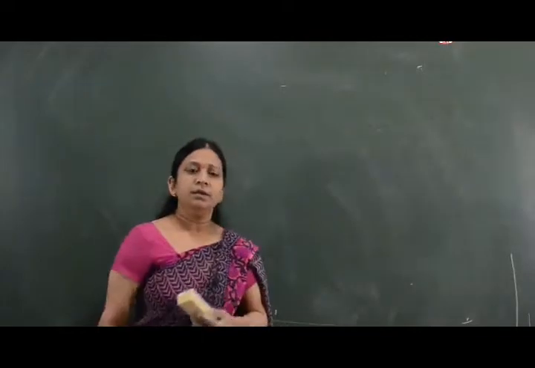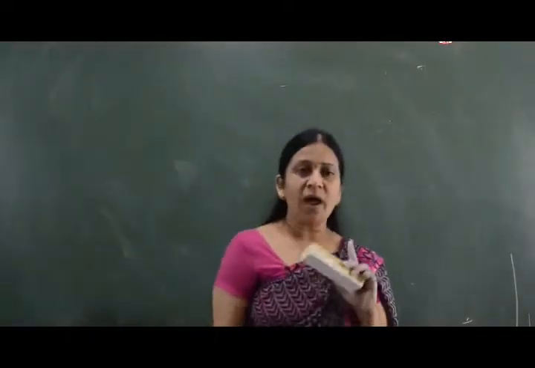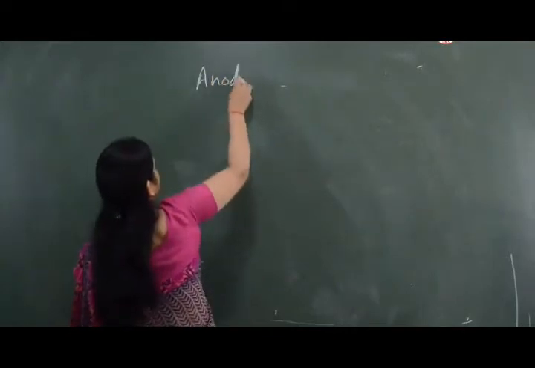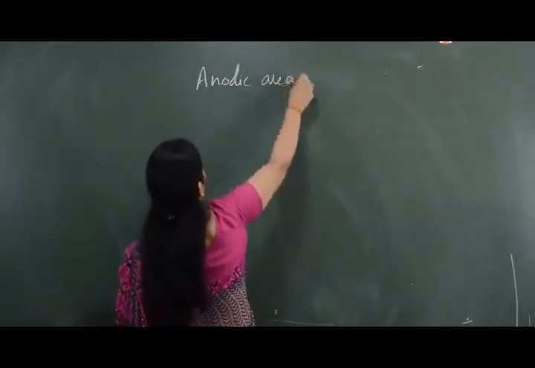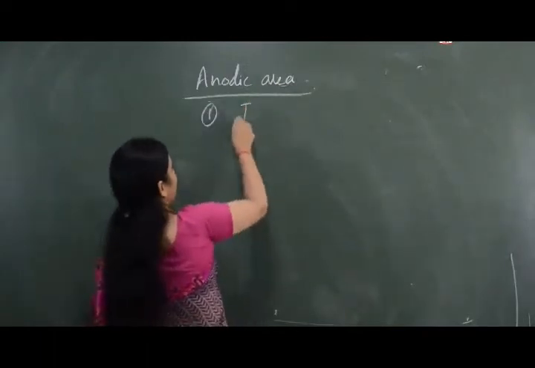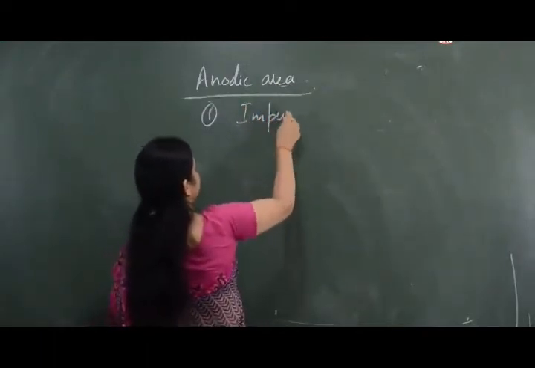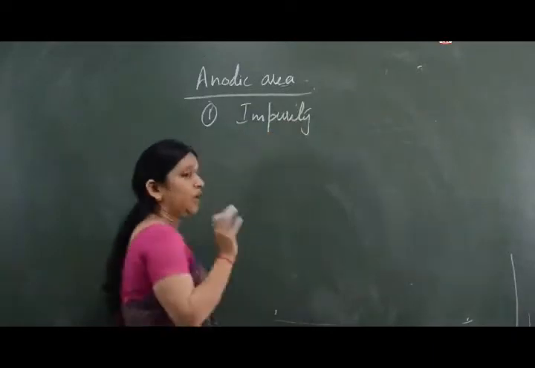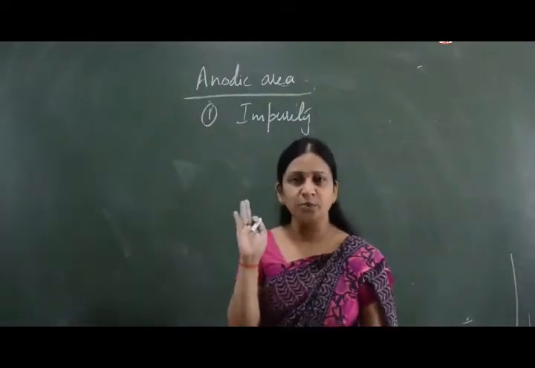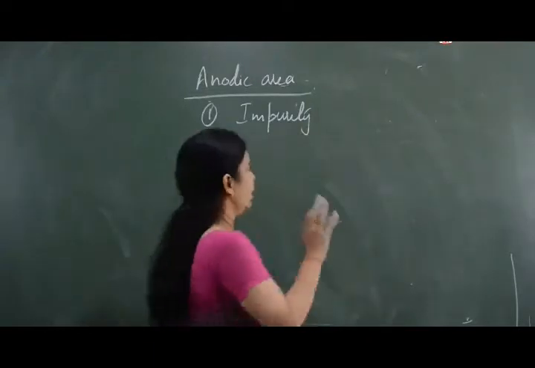Now the next point is how the anodic area is formed, or what leads to the formation of anodic area. The first is if impurity is present. Wherever on the metal impurity is present, that portion is going to behave as an anode.